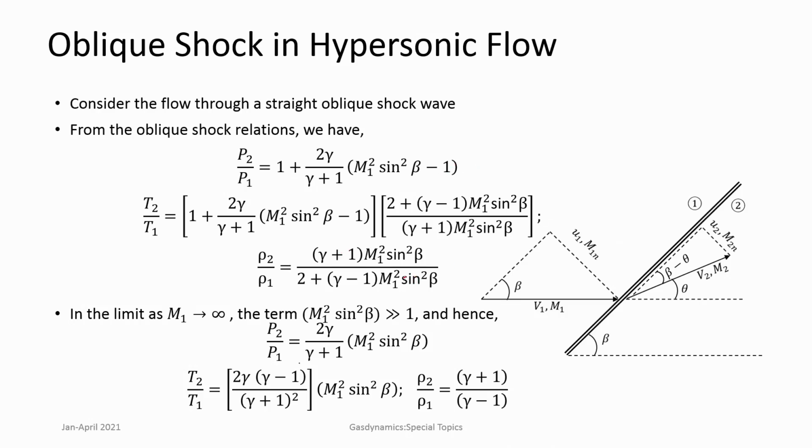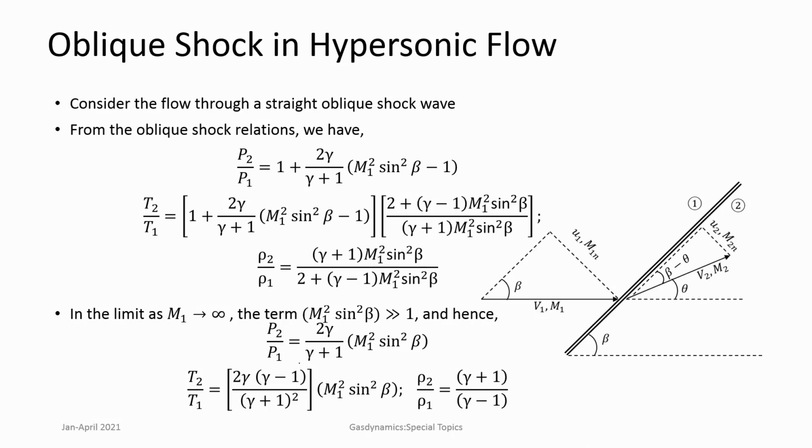Now let us take the limit. We are considering perfect gases in order to understand certain features of the flow. Let us try to understand what happens when Mach numbers become very high. So let us take this particular equation and let Mach number go large.